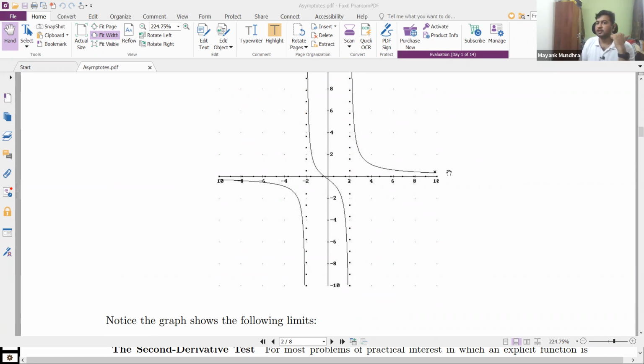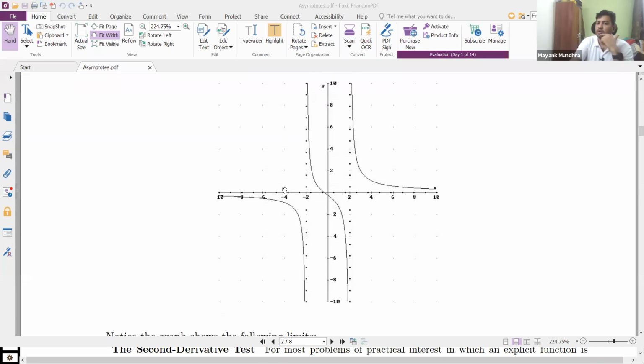At positive infinity it will graze along the x-axis from above. Similarly, to the left of -2, it's going to go down along the line x equals -2. To the right of -2, it's going to graze along this line x equals -2. So these dotted lines are vertical asymptotes of this function, and the x-axis is a horizontal asymptote of this function.